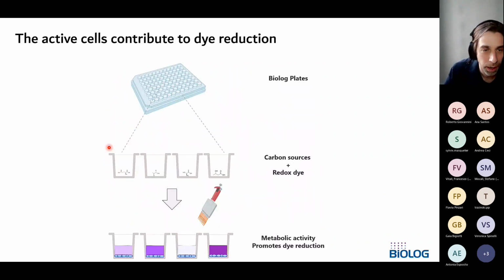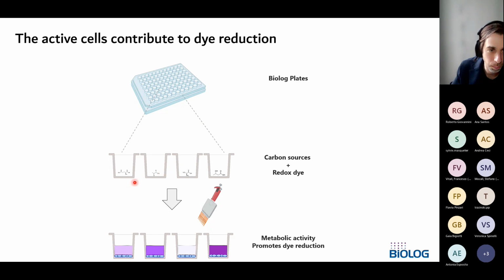And again, I think the strength is not only the amount of data you can get, depending on your interest, carbon source or something else, but also the ease of use of the technology. As I said, the setup is very simple. You take your plate, you add your cells in a standardized inoculum.